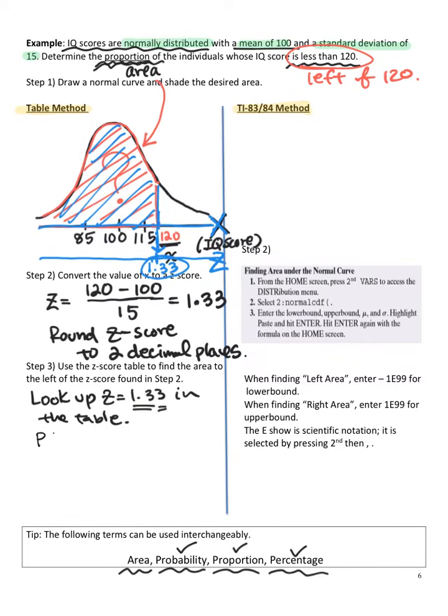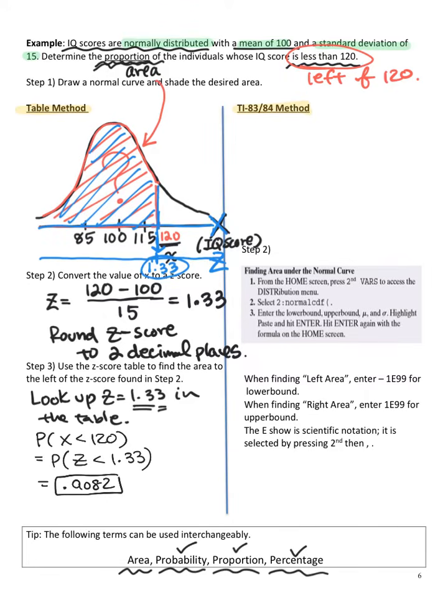So the probability that x is less than 120, that's the IQ score less than 120, which is the same as when you convert x to a z-score, z is less than 1.33, equals 0.9082.